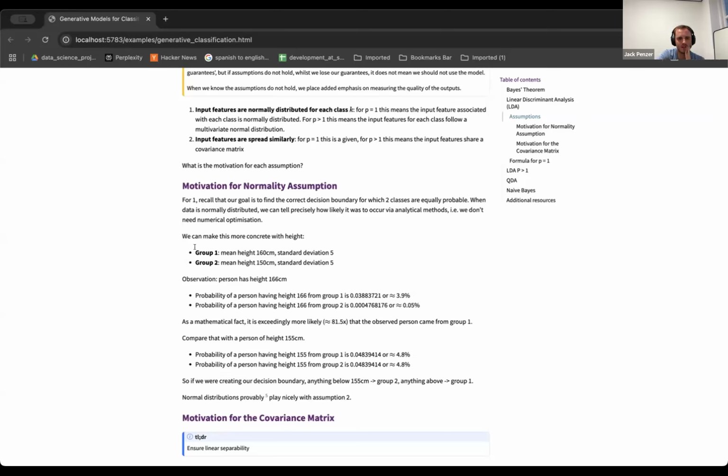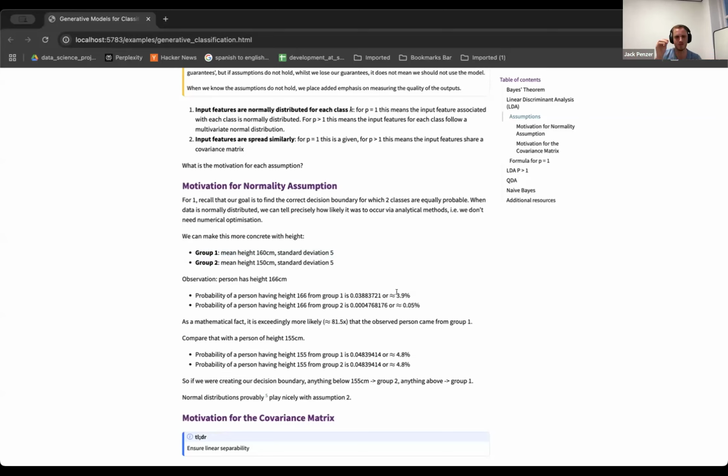So say in group 1, the mean height is 160 centimeters and the standard deviation is 5. In group 2, the mean height is 150 centimeters, standard deviation 5. If a person comes along with a height of 166 centimeters, you can calculate analytically, without any optimization. You can just plug in the values for the mean of the group, the standard deviation, and the observation's height, and you get the exact probability very quickly.